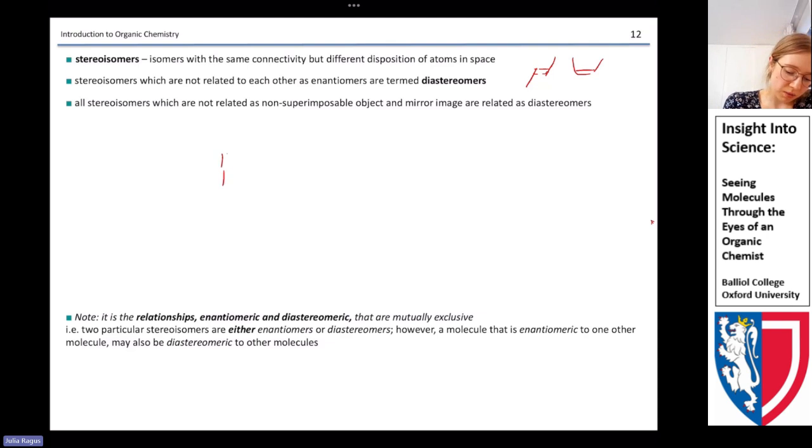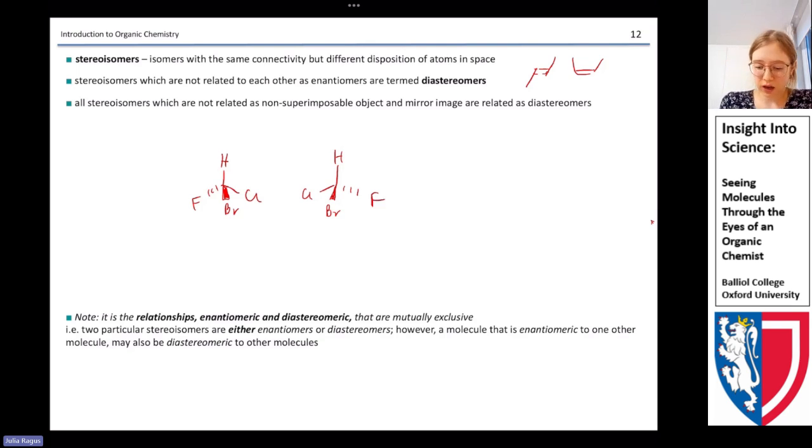How do we describe relationships between them? Right, so if we have a molecule like this, and then we draw its mirror image, then the relationship between these is going to be enantiomeric.